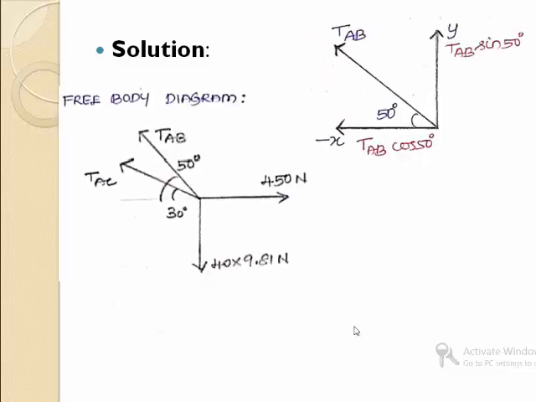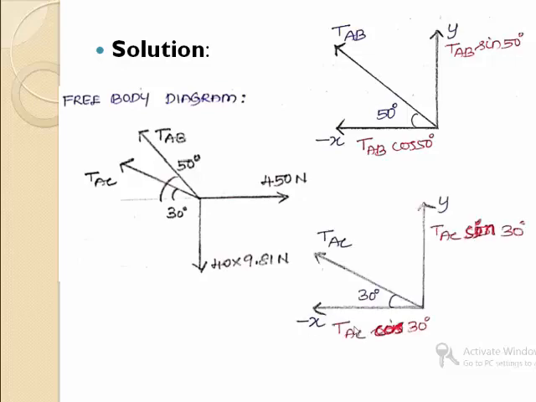The horizontal component of the tension acting in wire AB is along the negative x-axis direction, with magnitude TAB cos 50, and the vertical component of TAB is along the positive y-axis direction, with magnitude TAB sin 50.